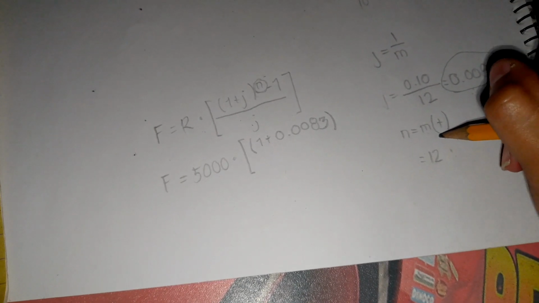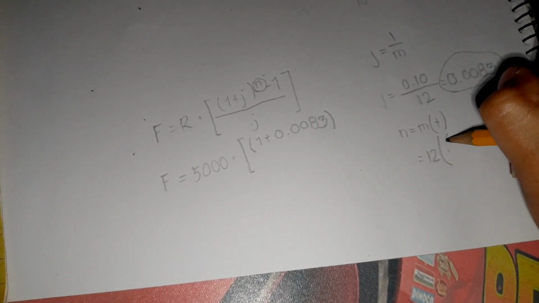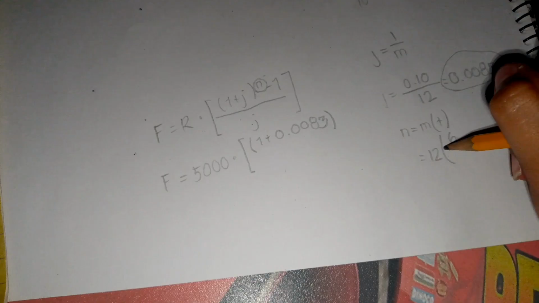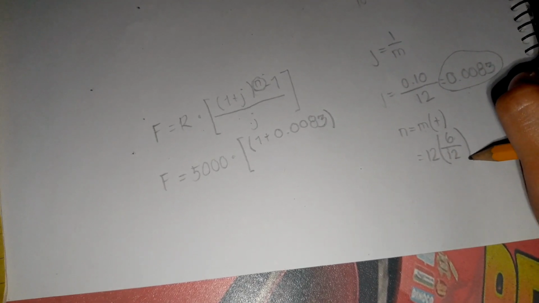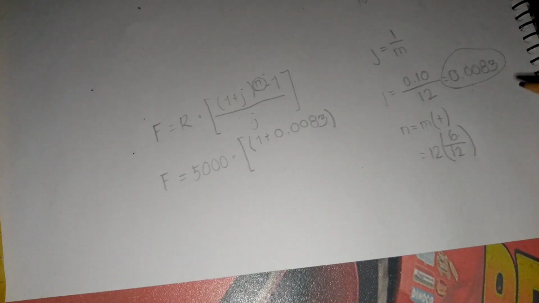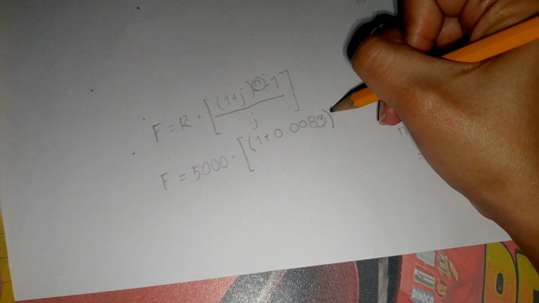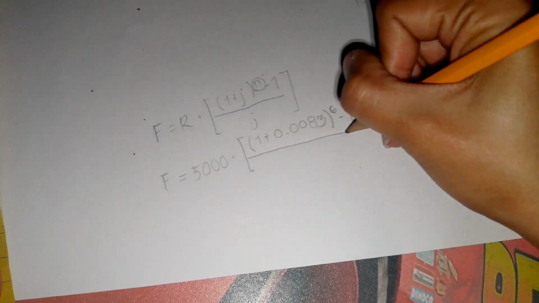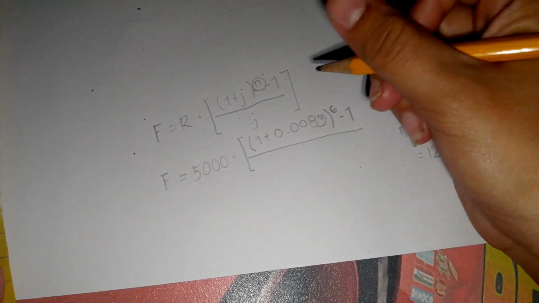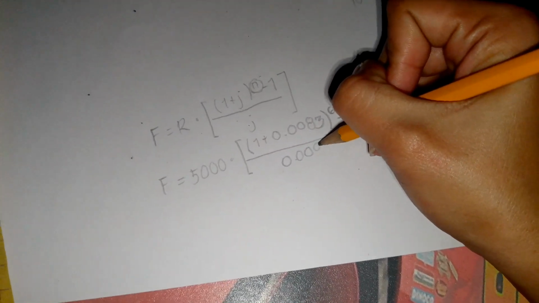Sa letter T, since 6 months ang tinutukoy sa problem, we have 6 over 12. So, the final answer is 6. So, we have 6 for N minus 1 over, in letter J, 0.0083.